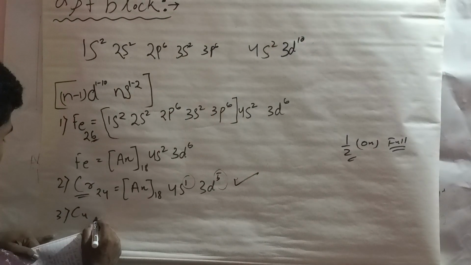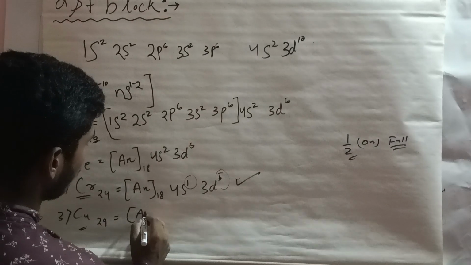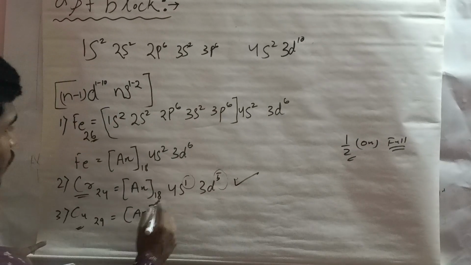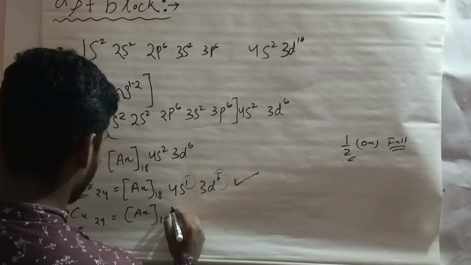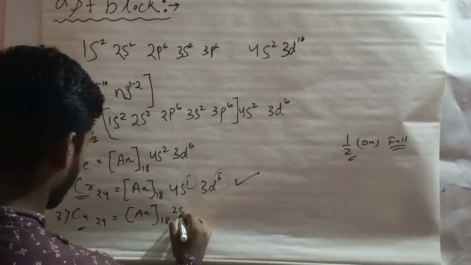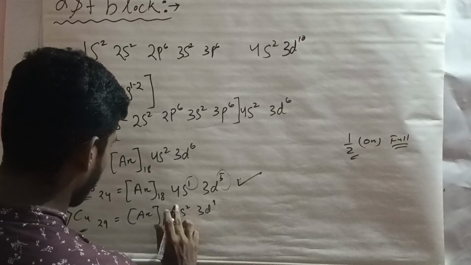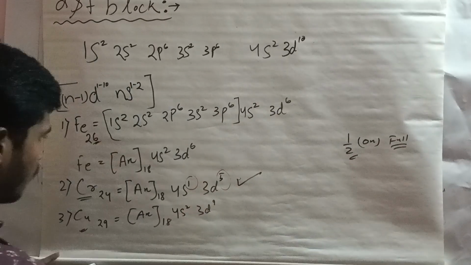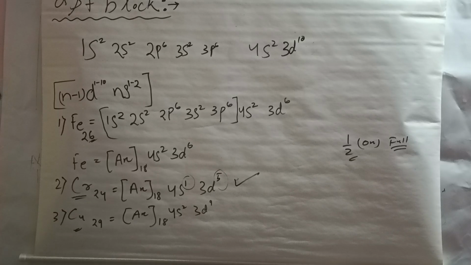What happens in copper? Copper is atomic number 29. See, argon 18, then 4s2, 3d9.